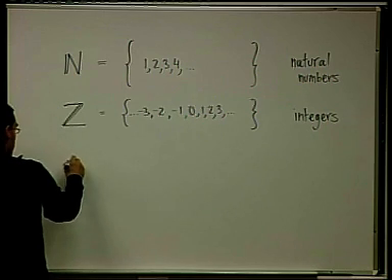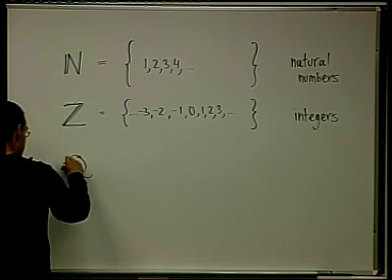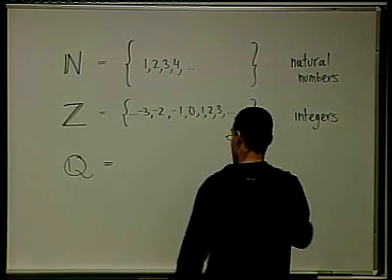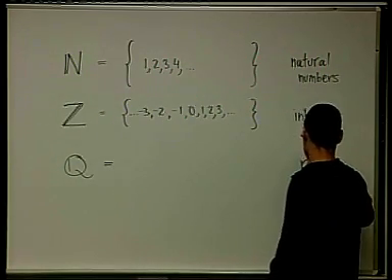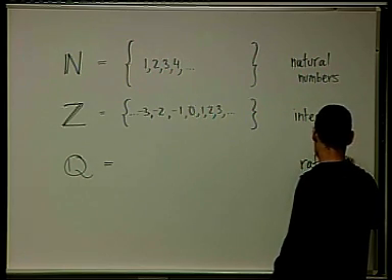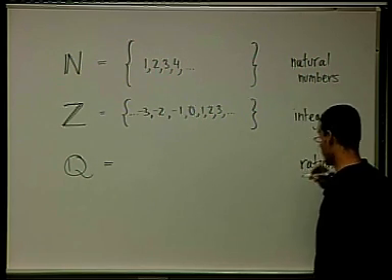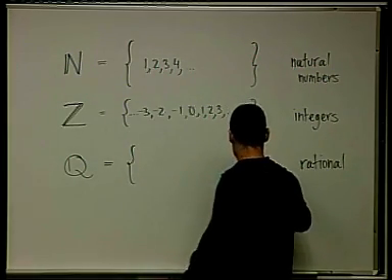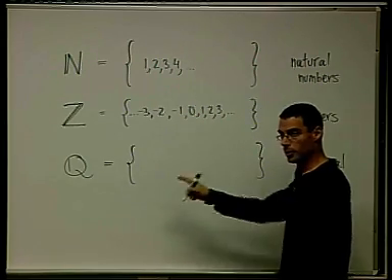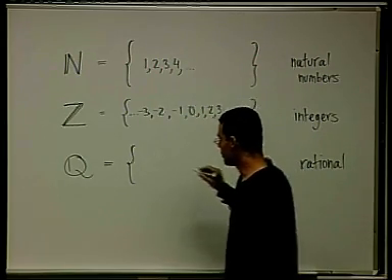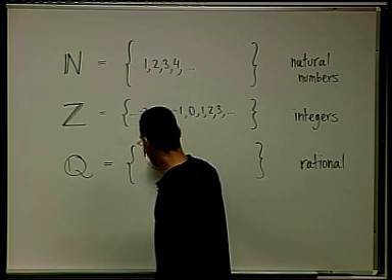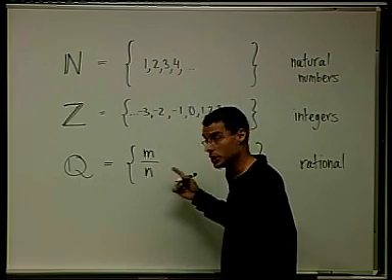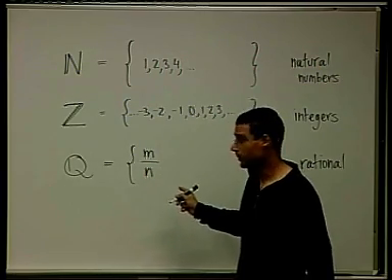The next group of numbers that showed up sometime in your life, maybe these even showed up first, I don't know, are called the rational numbers. Q is for rational. And this is the set, remember this denotes a set, of all numbers of the form m over n. All these fractions or quotients. Q is really for quotients.